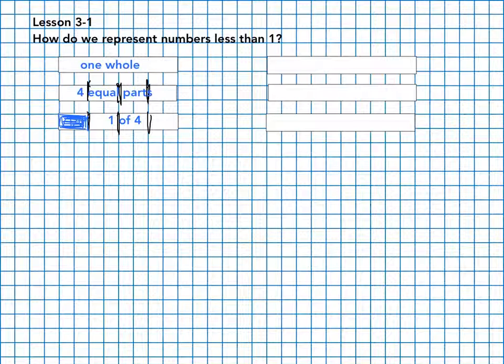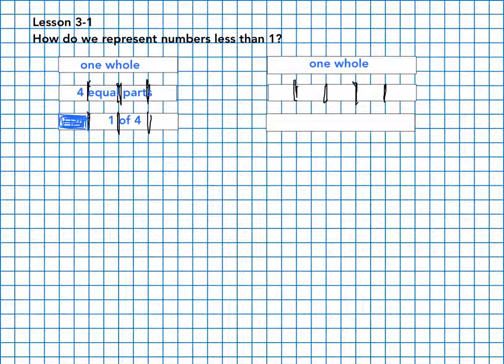Now, we are going to represent this one as 1 whole again, because that's what this is. We're going to take our marker, or a pencil, in this case a stylus, and break this one into 1, 2, 3, 4, 5 equal parts.